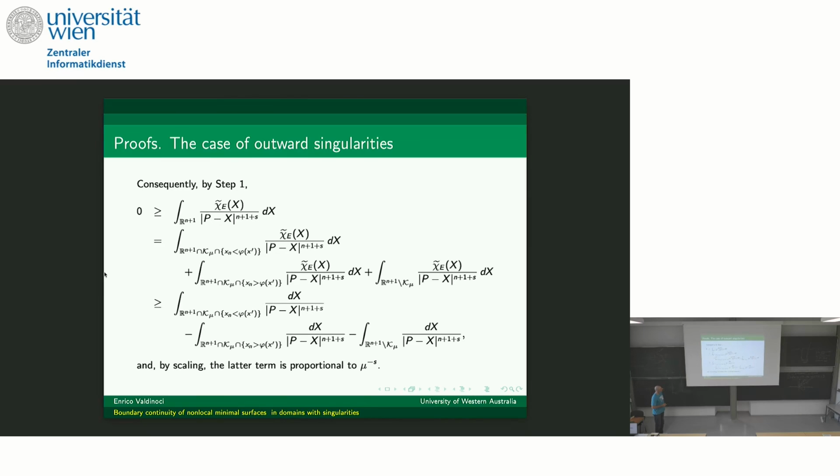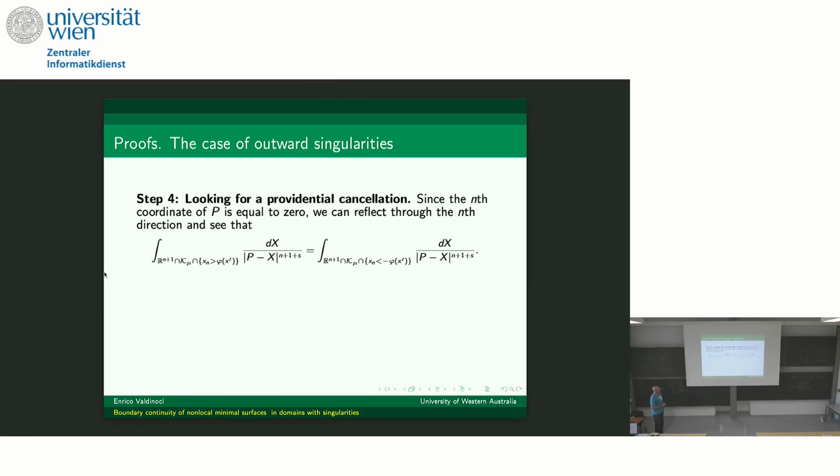And now, well, here I have phi. So the phi looks like a promising object for a cancellation, and they have opposite inequalities, right? So it's very tempting to reflect through the n direction, and then you change the inequality, the bigger sign to a less than sign.